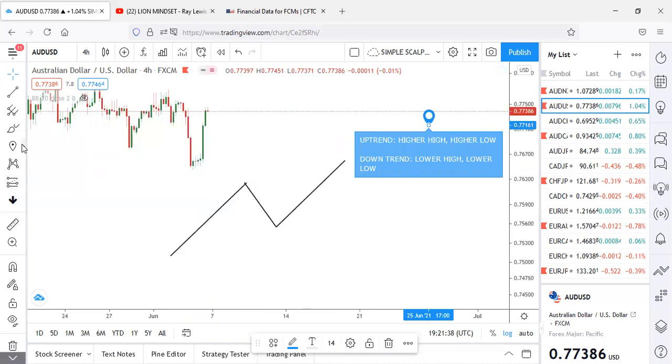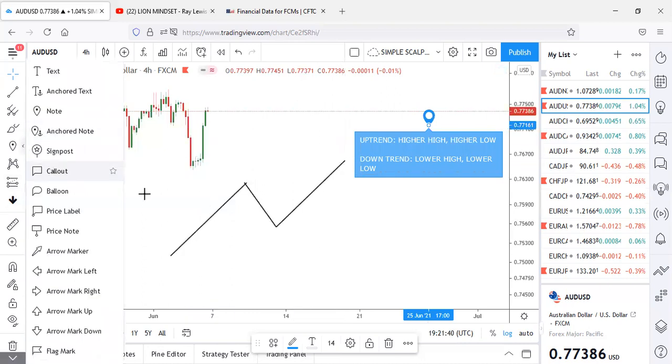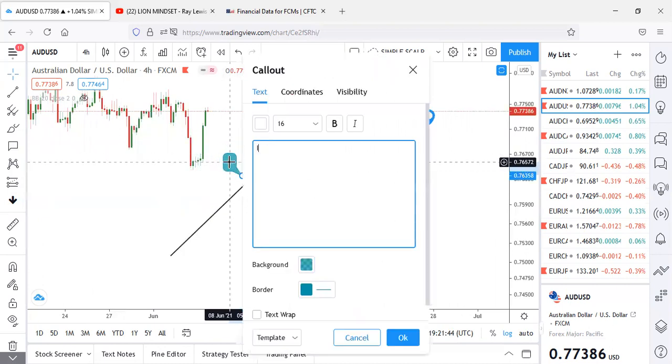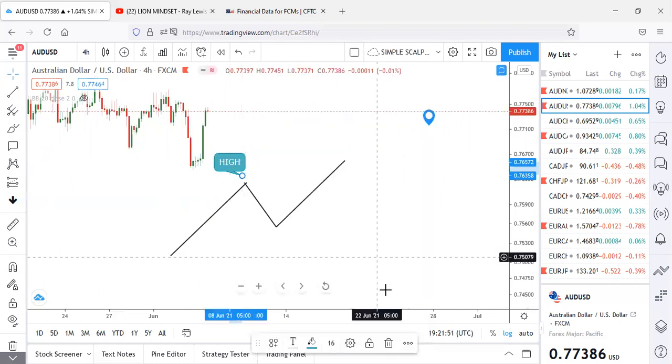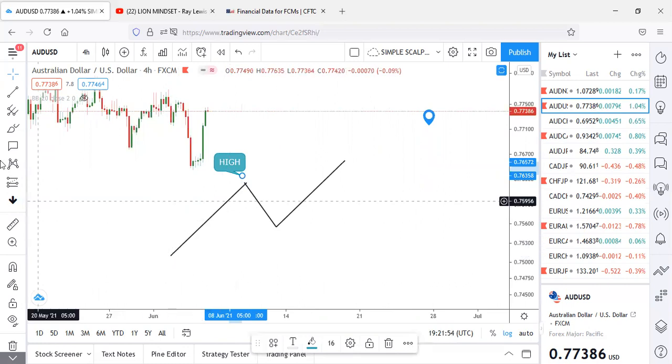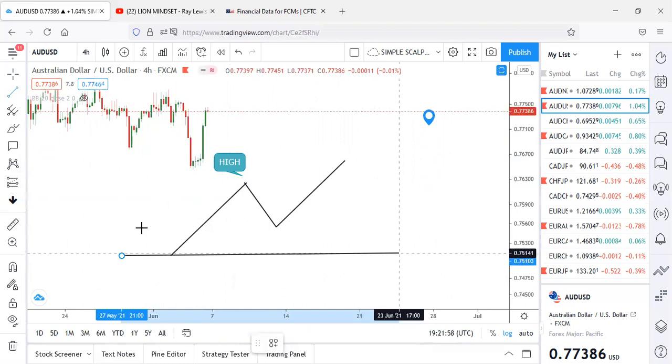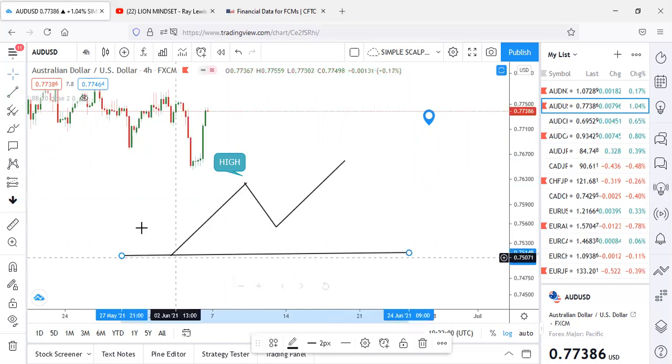Now, this area right here is known as a high. Let's say this is the floor. Let's assume this is the floor. This is where the trend started from. This is the floor. It is not possible for a trend to start from nowhere, you have to originate from somewhere.